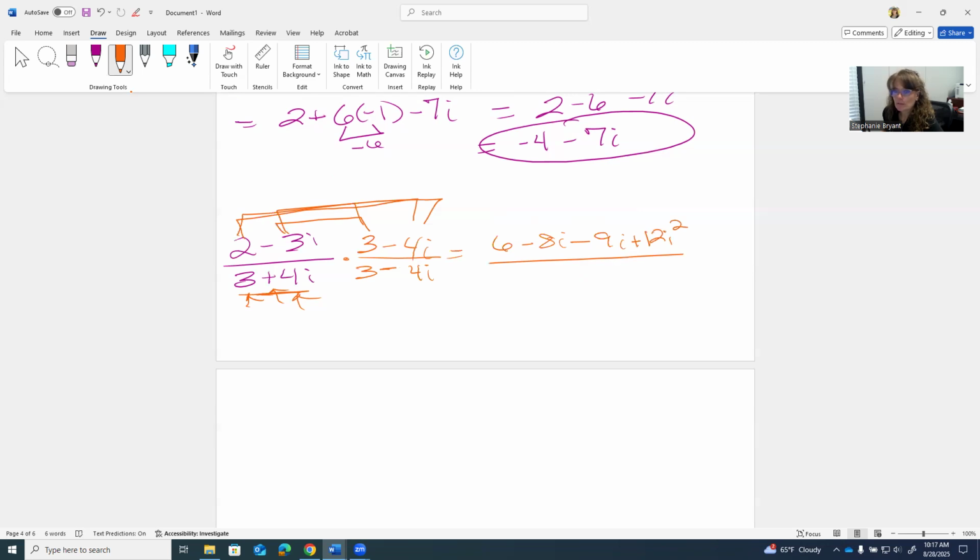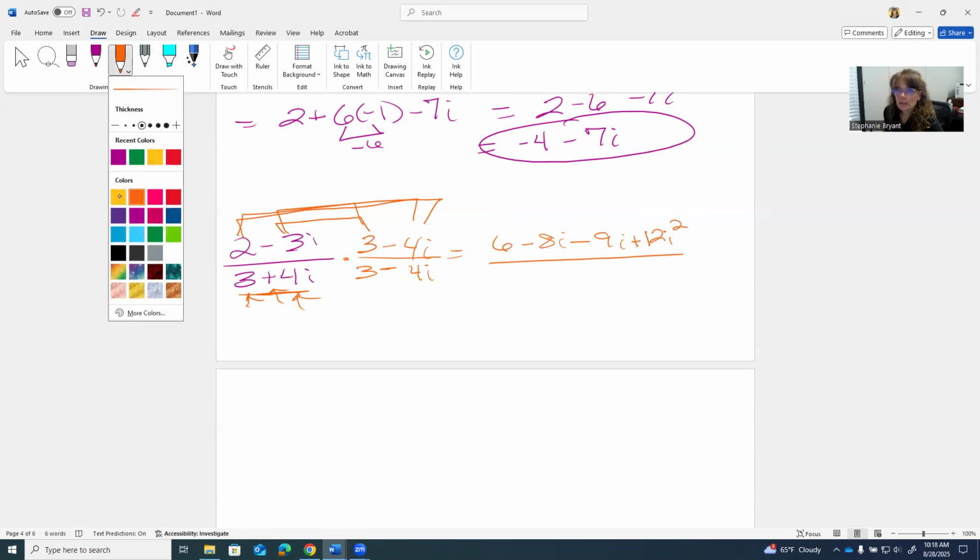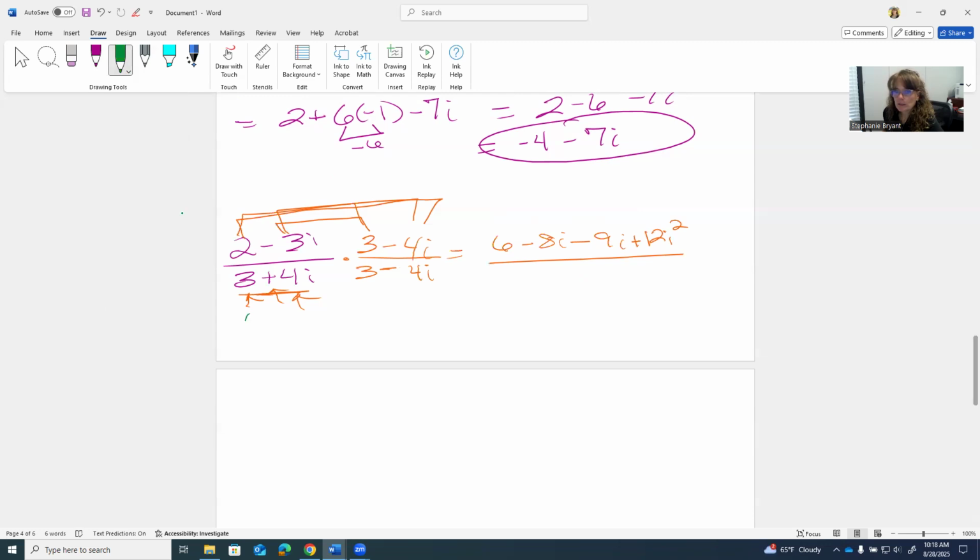Now let's do the bottom. The bottom is 3 times 3, because it's my first. So that's 9. And then of course my outers, 3 times negative 4i is a negative 12i. Do the inners, positive 4i times 3 is a positive 12i.